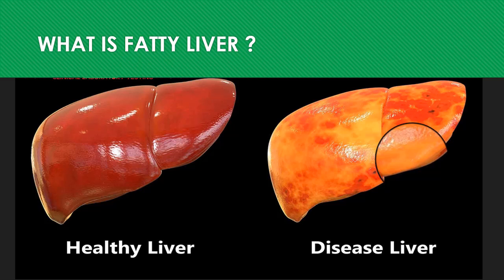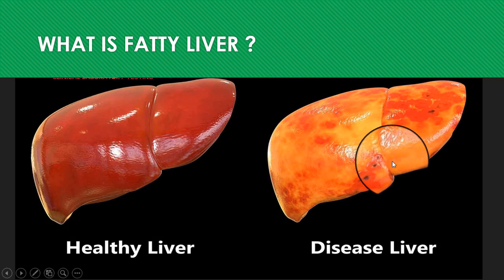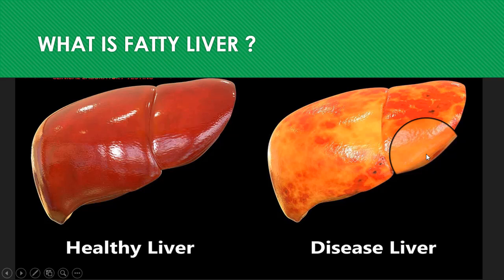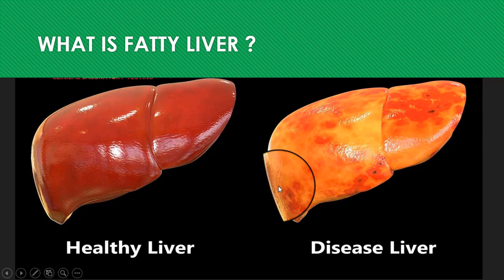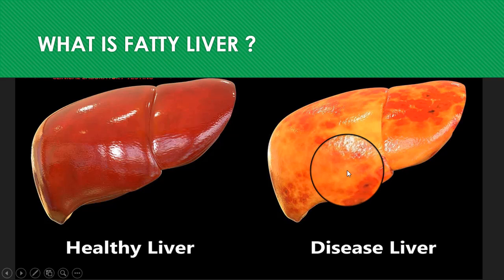So this is called fatty liver, and fat in your liver can cause liver inflammation, which can damage your liver and create scarring. In severe cases, this scarring can lead to liver failure.